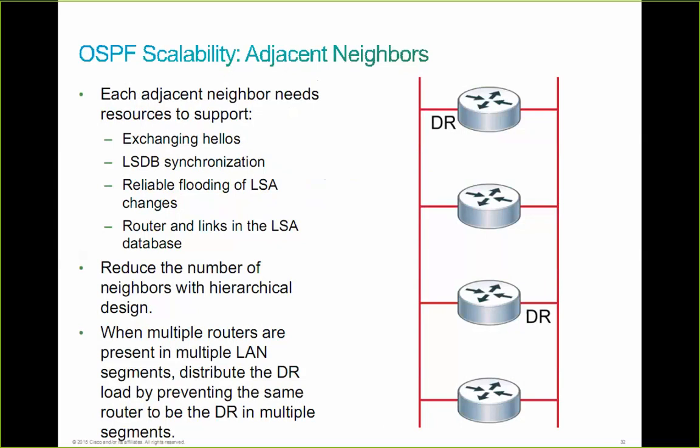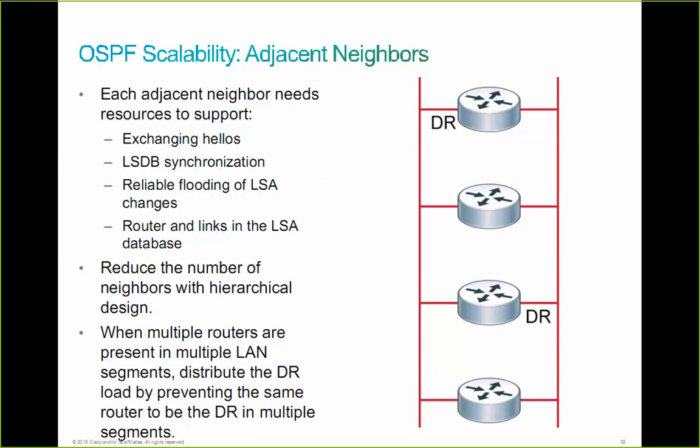Now neighbors can either be connected to the same segment, or each router can use its own connected segment to become a neighbor. We still have to establish those adjacencies based on directly connected relationships, right? Common subnet, common area, etc.